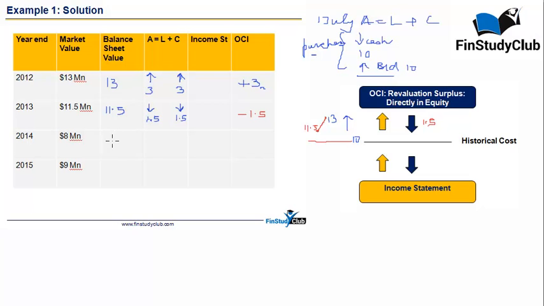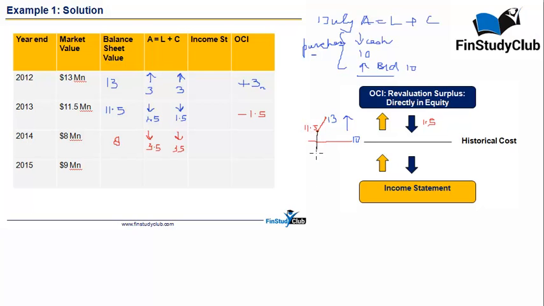For example, in the third year 2014, the fall has been pretty evident, which is of 3.5 million. So my value goes down by 3.5. My value of the asset in the balance sheet is reflected at 8, which means a loss of 3.5 needs to be booked. I want everyone to pay very close attention.